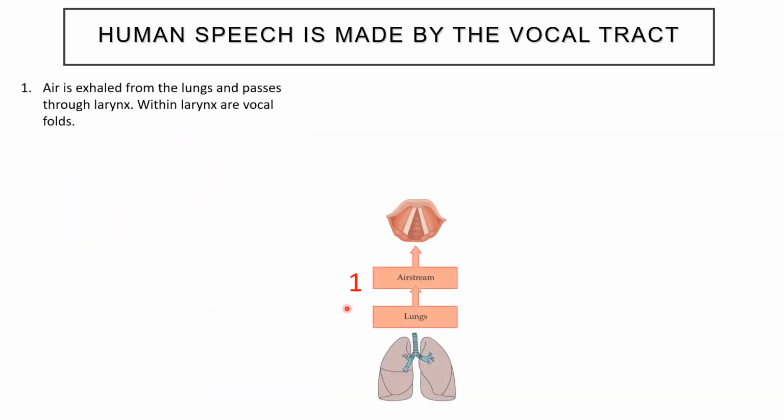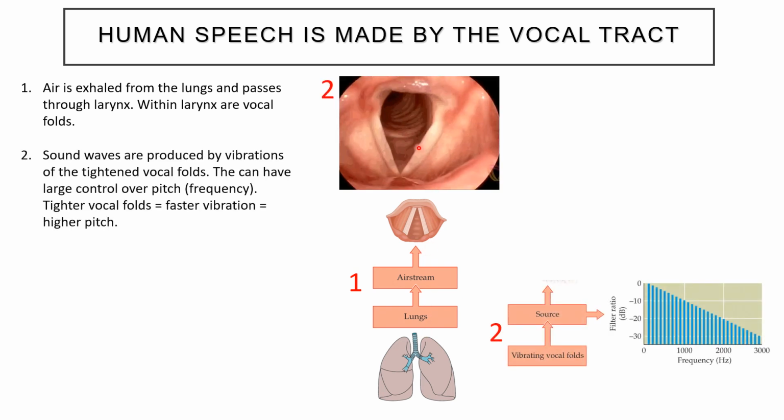So the very first step in producing speech involves exhaling air from the lungs, and as it is forced through the larynx, the first portion is that there's a contraction of muscles to pull the vocal folds next to each other, and air is pushed through that in order to cause them to vibrate.